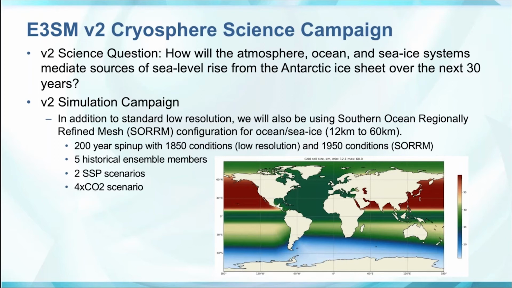Then from there, provided that we have simulations that can reach some sort of equilibrium, which seems promising, we'll be able to start doing historical simulations, SSP scenarios, as well as a 4 times CO2 scenario. Being able to move past pre-industrial and into actual projections is key to being able to answer our V2 science question.